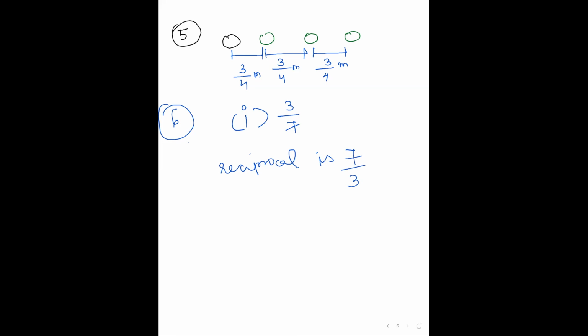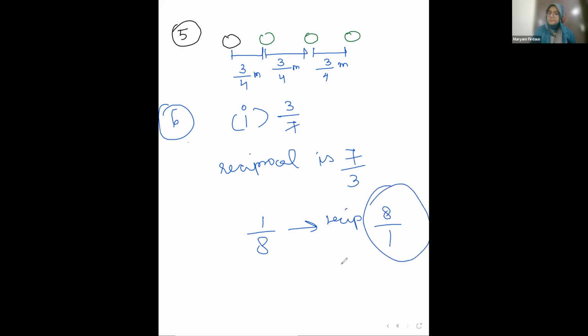How are we going to do 1/8? Its reciprocal is 8 by 1. And 8 by 1 is what? It's a whole number. Got it. Fine. Next.